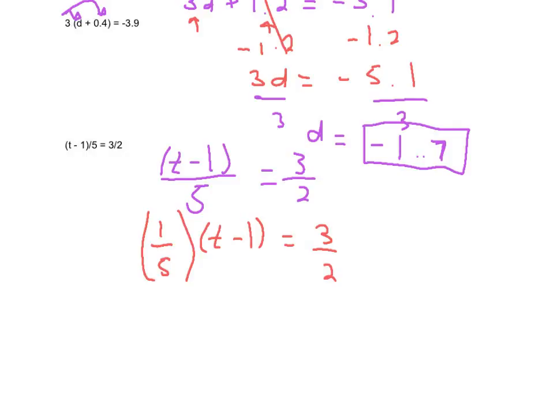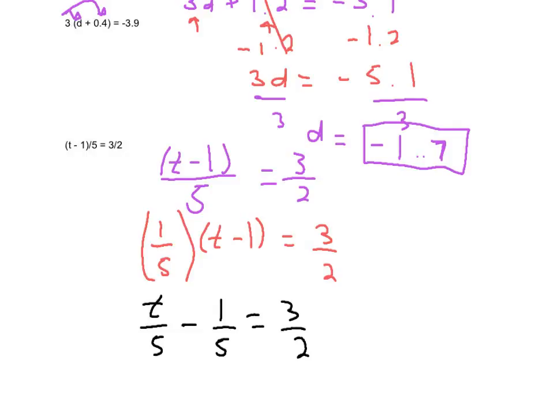So, using the distributive property, we're going to apply that 1 over 5 to each of the terms in there. Okay? And when we do that, we get 1 over 5 times t will be t over 5. Okay? And then 1 over 5 times a negative 1 is going to just be negative 1 over 5, and all that's equal to 3 over 2.